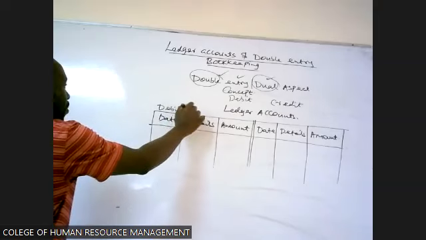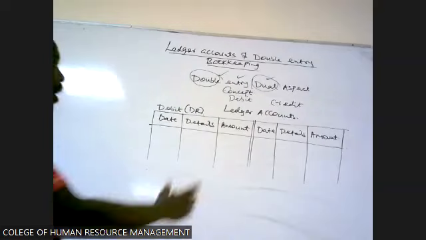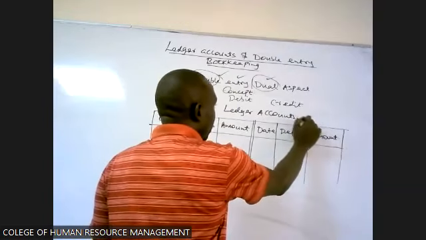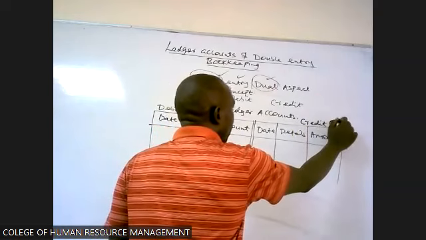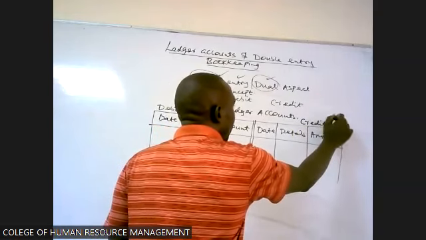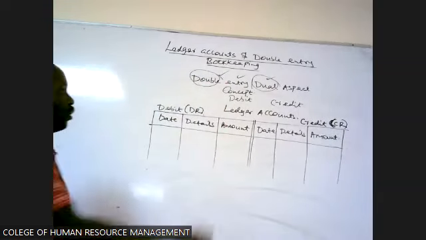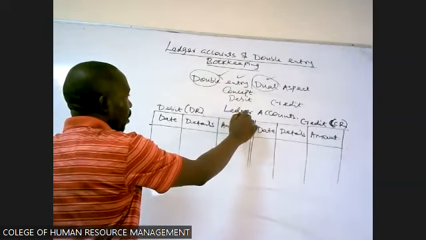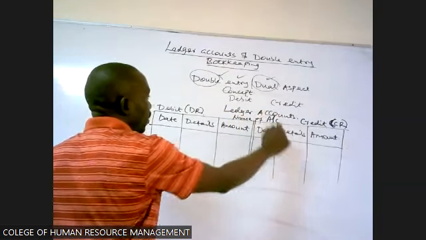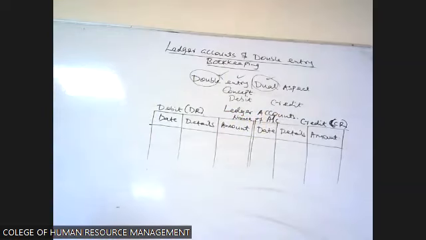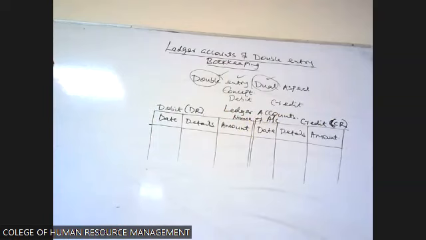We normally abbreviate it by DR. From where I have my double lines to the right, that side we refer to as credit, which is normally denoted by CR. Then we are going to have the name of the account. Account, we are going to abbreviate it with A/C. Anywhere you see A/C, it is an account.